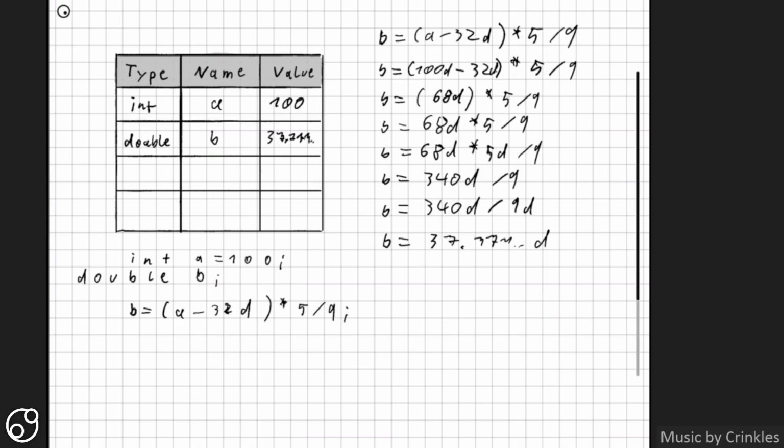What if B was not double? What if we never changed that? What if we only changed that I add the D in here for the calculation, but the assignment should happen in an int? What now?